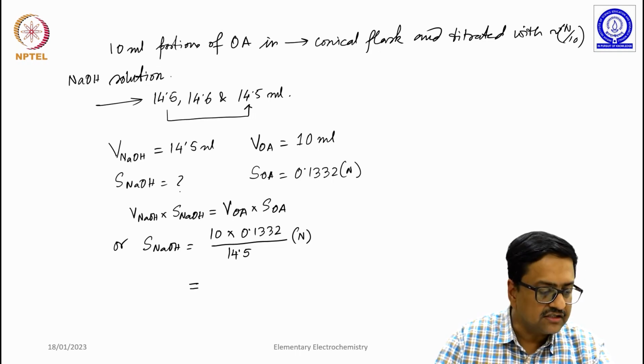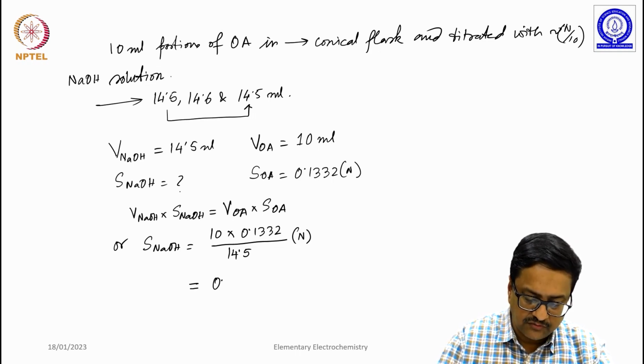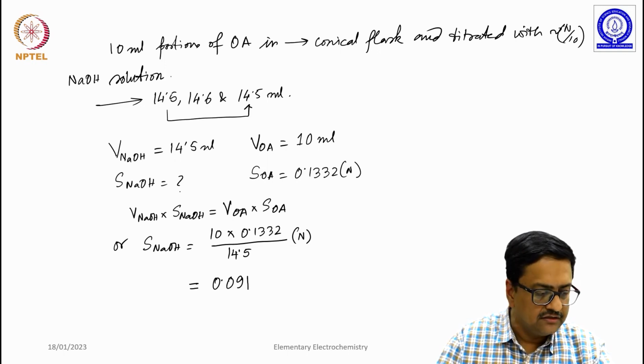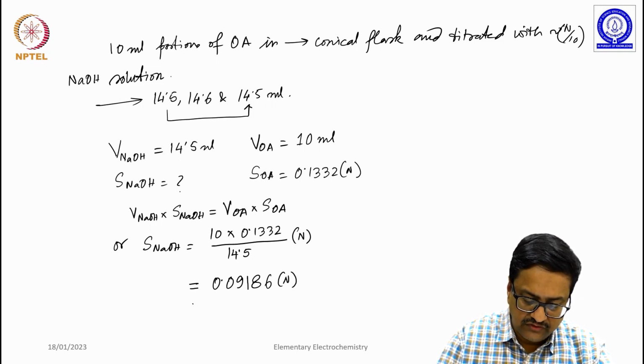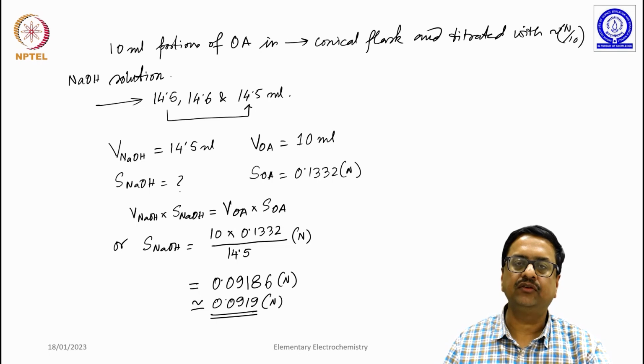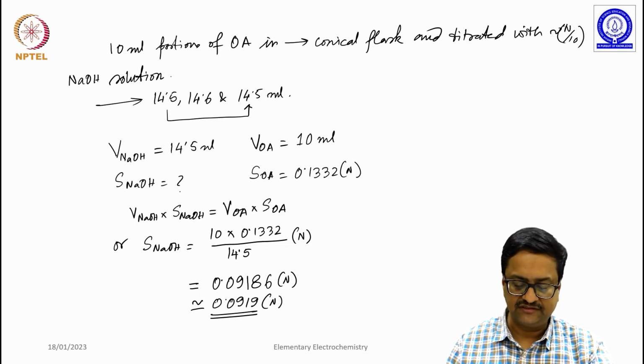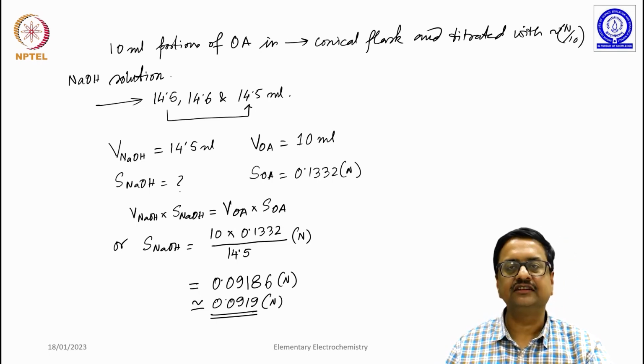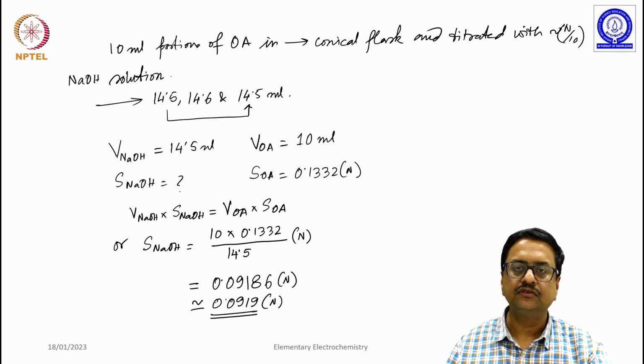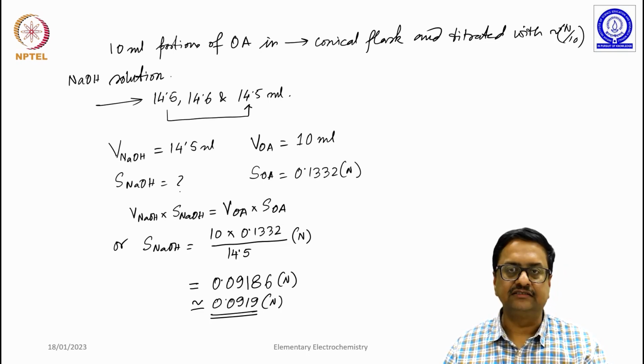This number turns out to be 0.09186 normal, which you can make approximate to 0.0919 normal because our weighing is accurate up to the 4th decimal place. So, this is the concentration of NaOH that we have used for this titration.